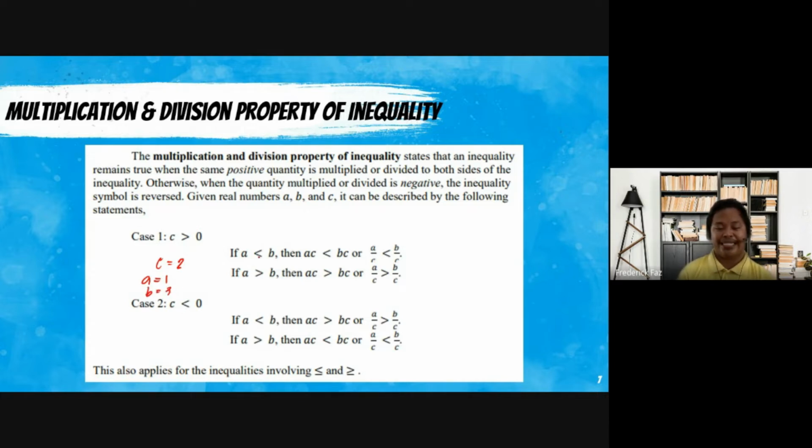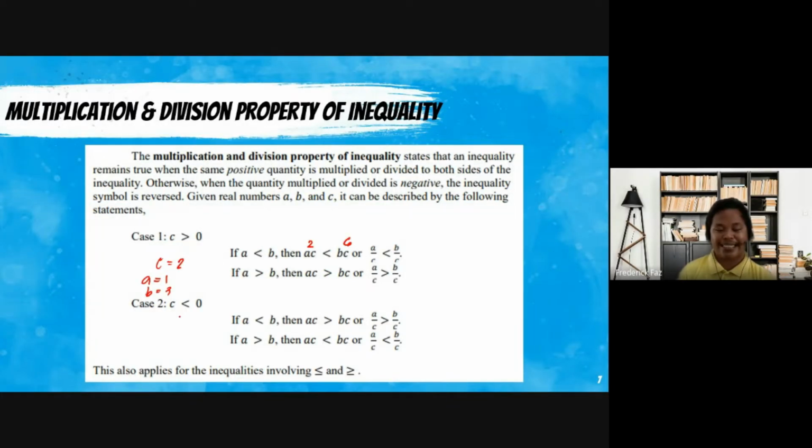So A is less than B. So 1 is less than 3. Then A times C, 1 times 2, since A is equal to 1 and C is equal to 2, so the product is 2. And B is 3 multiplied to 2, so 6. Therefore, 2 is less than 6. Same with division property.